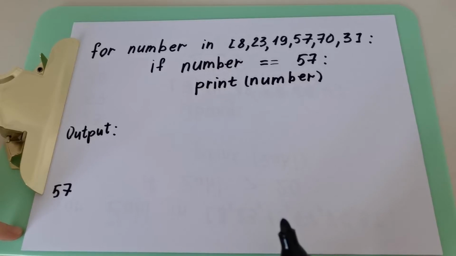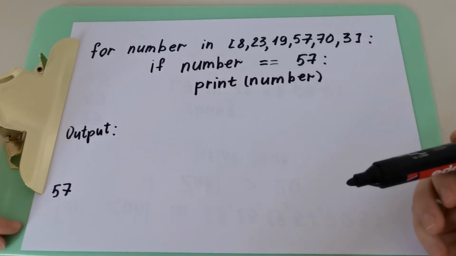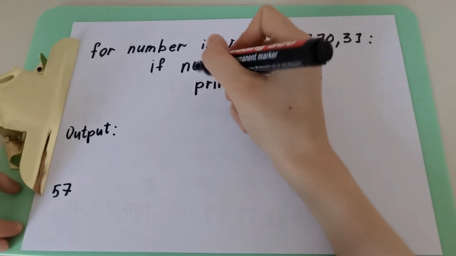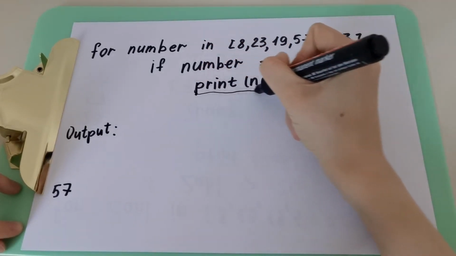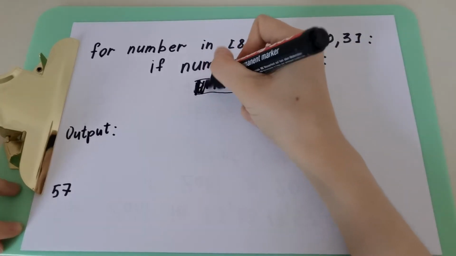For that we can use Boolean values. These are two fixed values, True or False. Now let's apply these values to find the place of the number 57. So I comment out this line. Fortunately, I can't erase it, but I just comment it out.